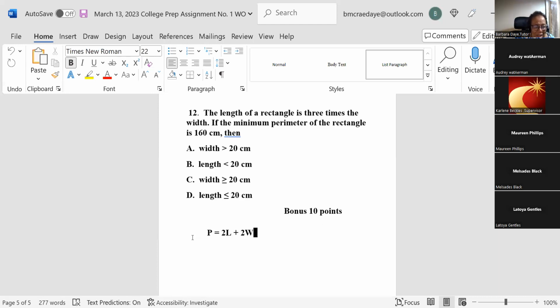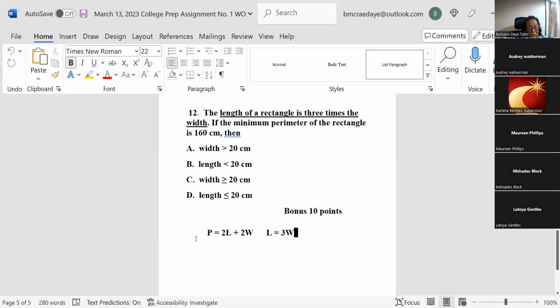Well, the L is 3 times the W, right? So let's just put that. It says the length is 3 times the width. That's given in the problem. So that means L is 3W, correct? Yeah, L is 3W.